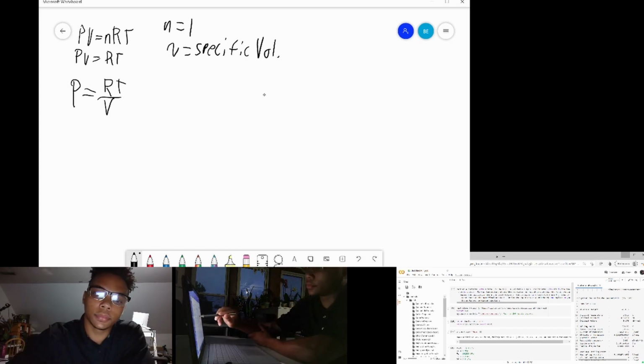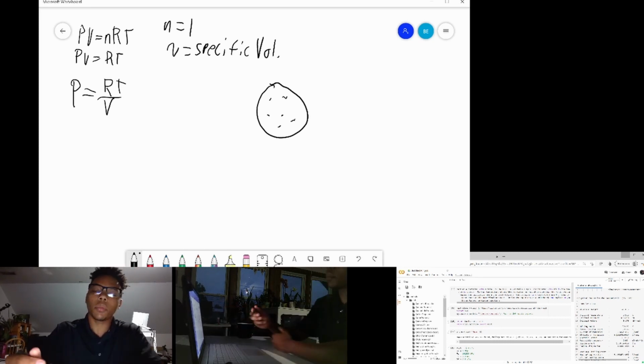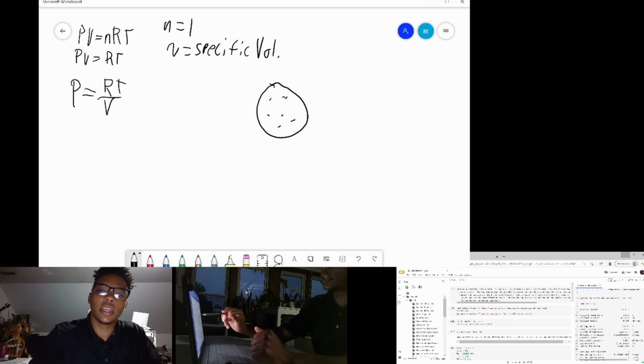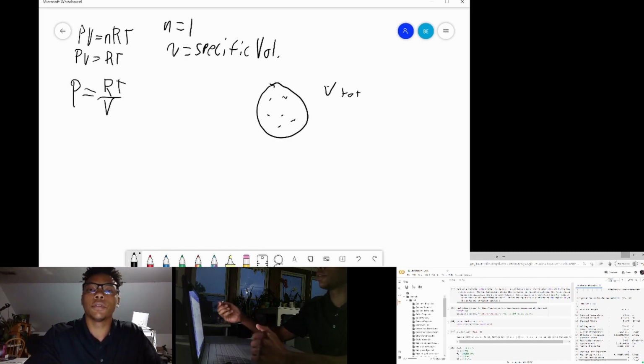Now, this is a very, very simplified equation, because if you think about it, whenever you have a closed container and you have these particles inside, our volume V is accounting for the entirety, the total. But what we're not accounting for is the volume of our different little molecules within our container.